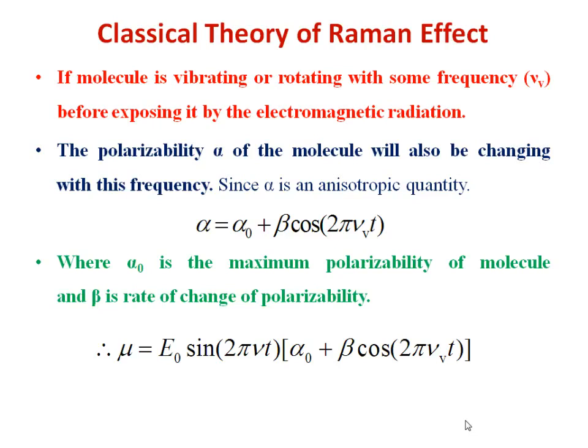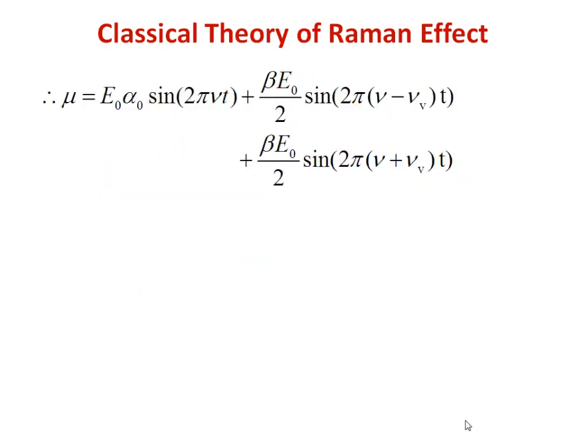Therefore, the electric dipole moment of the molecule now becomes E0 sine 2 pi nu t into, in bracket, alpha 0 plus beta cos 2 pi nu v t, which leads to this expression.